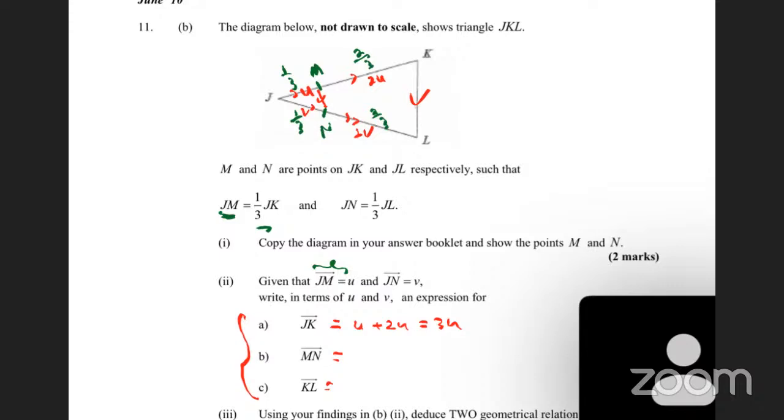Nice, Shannon. So Shannon said that MN is M to J plus J to N. If you look at your diagram properly, M to J is U. Not 1/3 U, it's 1/3 of the whole line. So it's just U. Remember, we worked it out in the beginning. J to M is U, but remember, we're going against the arrow.